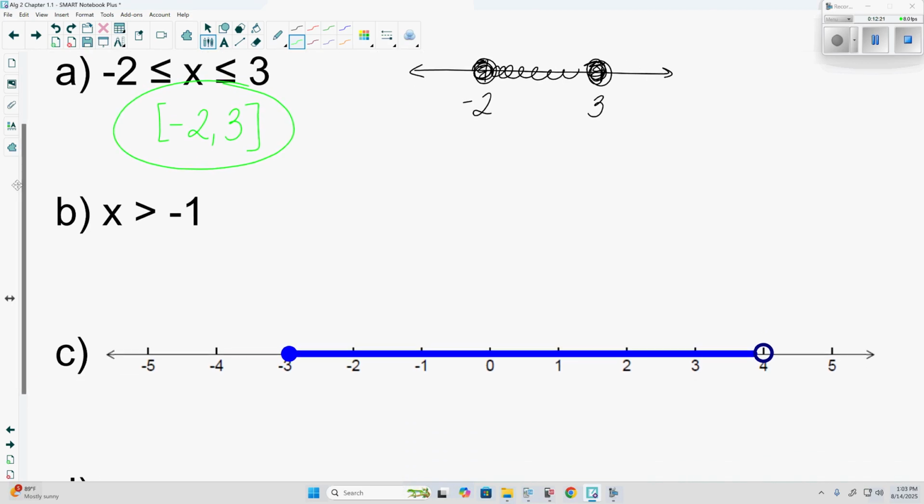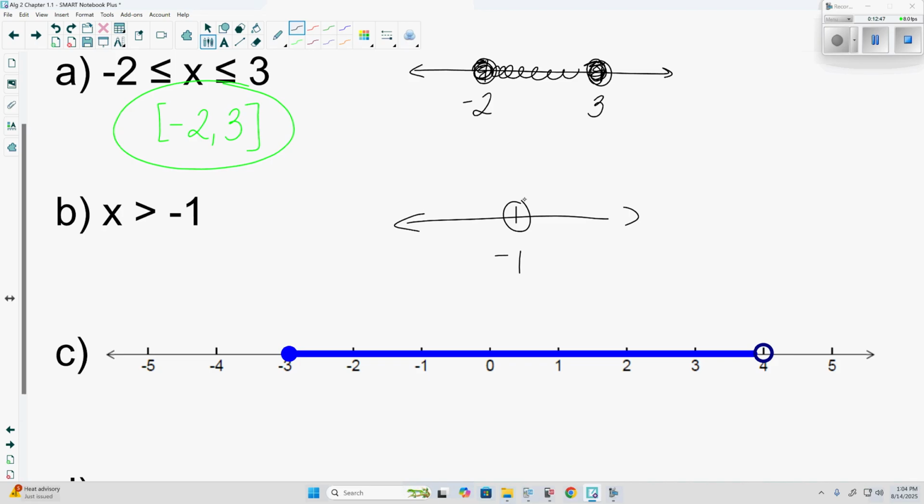And A was a bounded interval. B, x is greater than negative 1. Would that be bounded or unbounded? That'd be unbounded because we only have one endpoint. So it's going to go in one direction or the other. Because if we drew it on a number line, the only spot we have is negative 1.